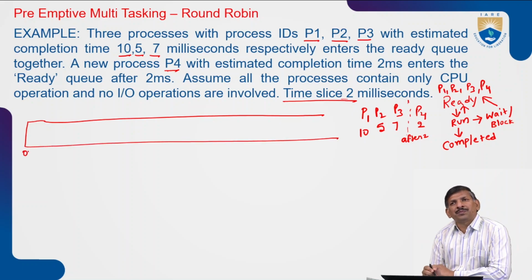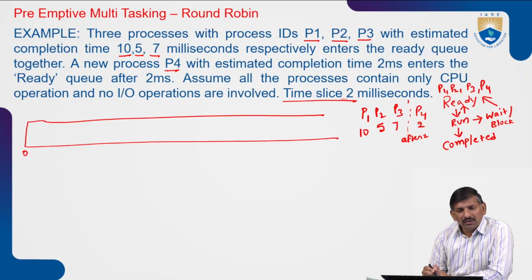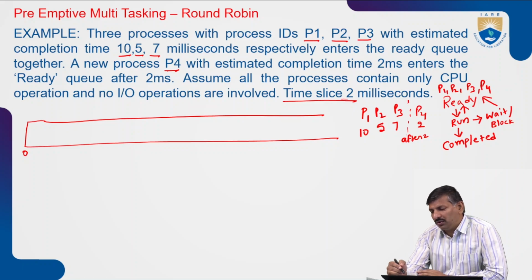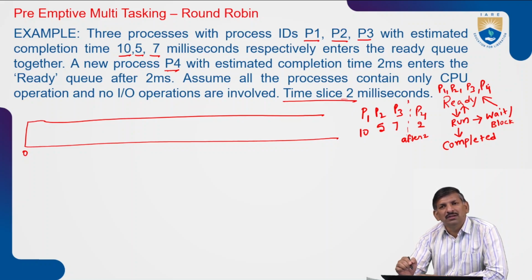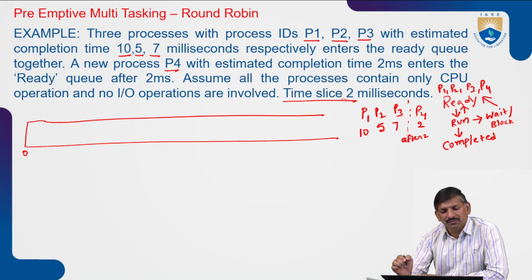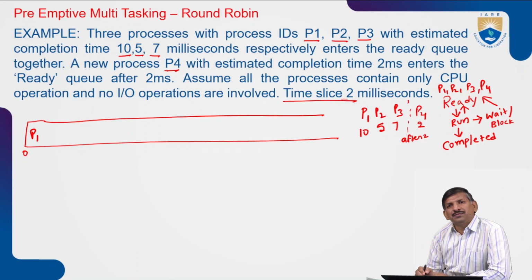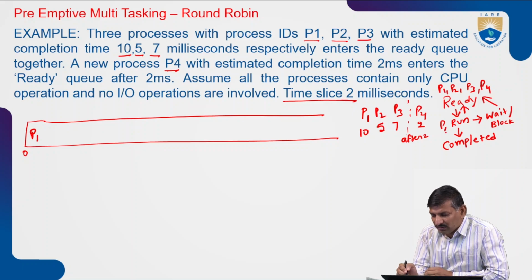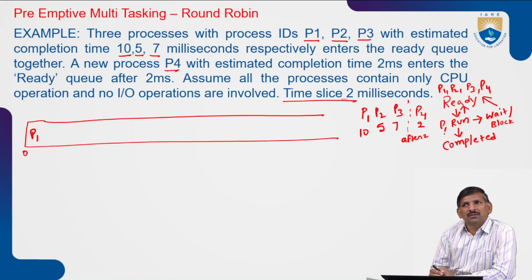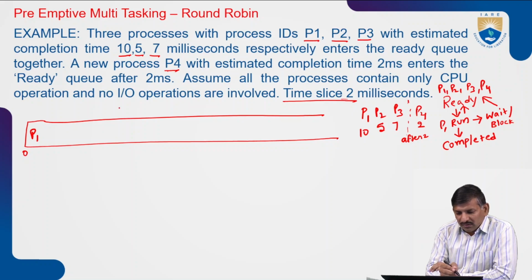Now, at time 0, what are the processes available in the ready state? P1, P2, P3. Which process entered first into the ready queue? P1. So that is scheduled first.